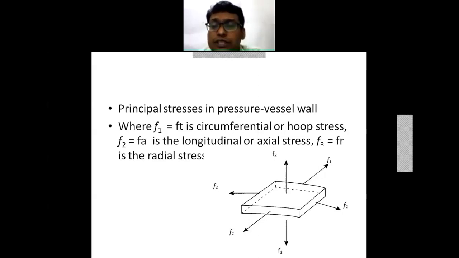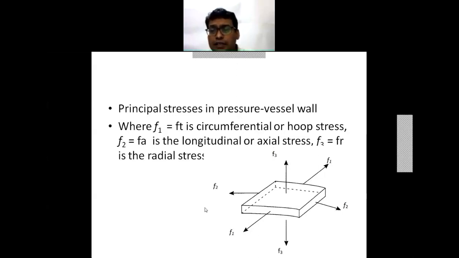Now, if this is the plate and we have the cylindrical section, out of that we have cut a small section, and we will do the analysis related to that.